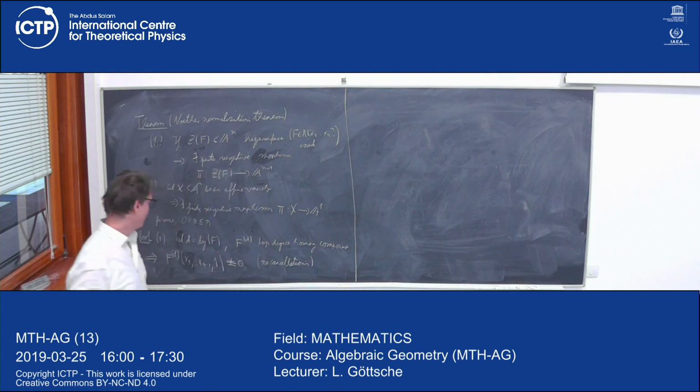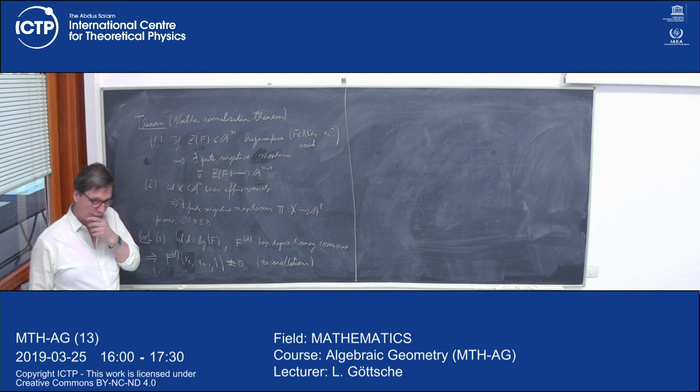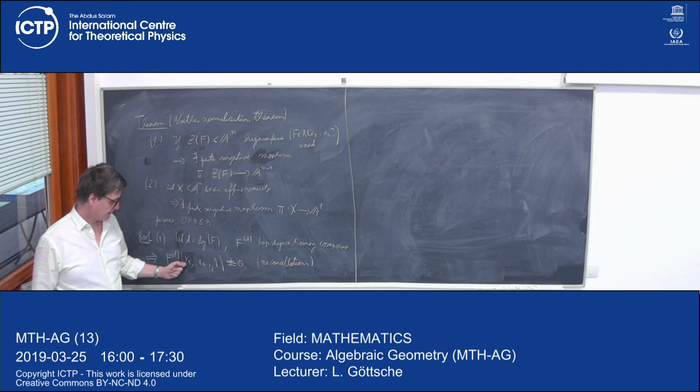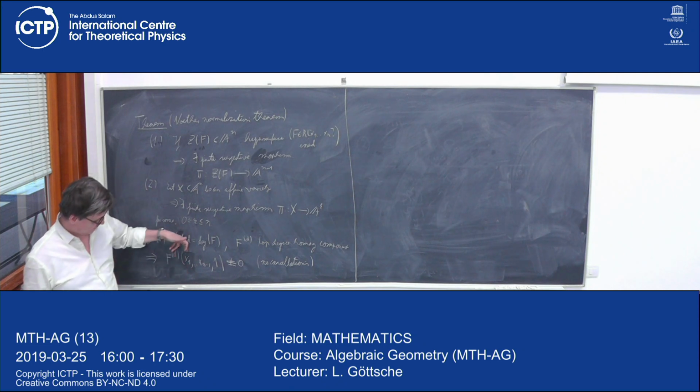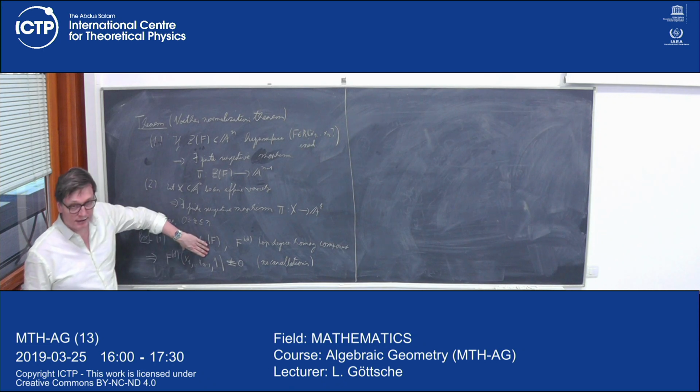So we have seen before, if we have a non-zero polynomial, then we can find some point here such that the value at that point is non-zero.